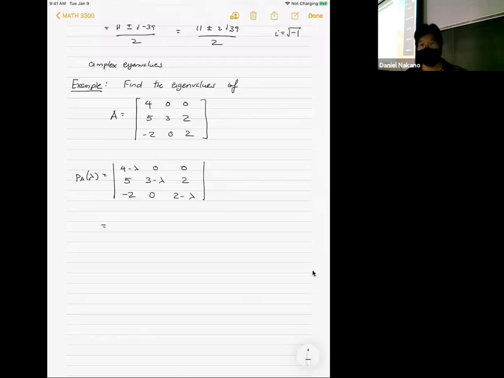So we just take that coefficient 4 minus lambda, and then we take the cofactor. So what do we get? We get 4 minus lambda, and then the cofactor, I'll just write it out. It's C11. Okay. And then the rest is 0 times C12 and 0 times C13. Maybe I should write this out.